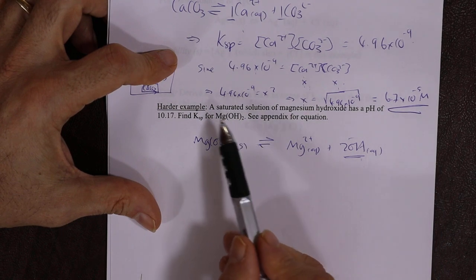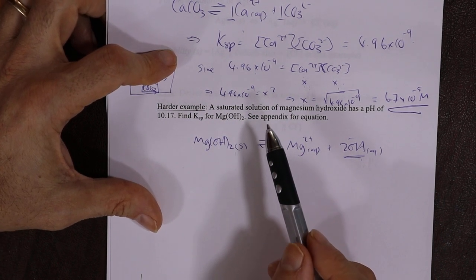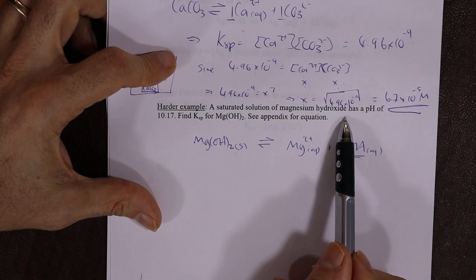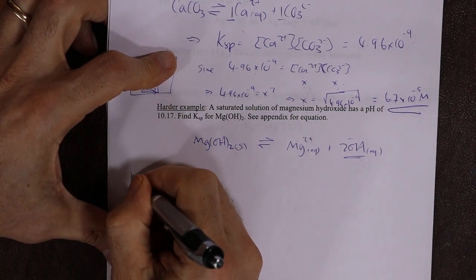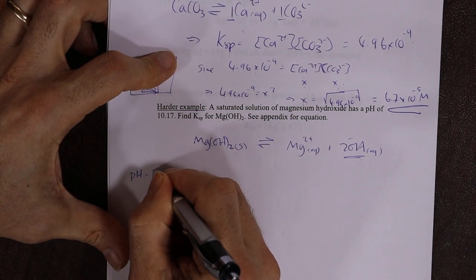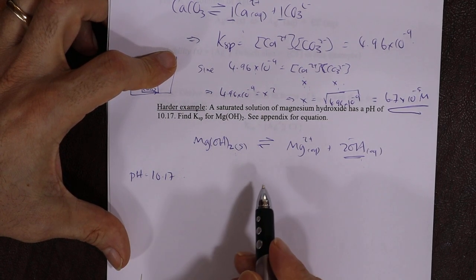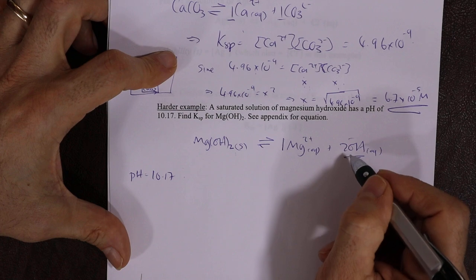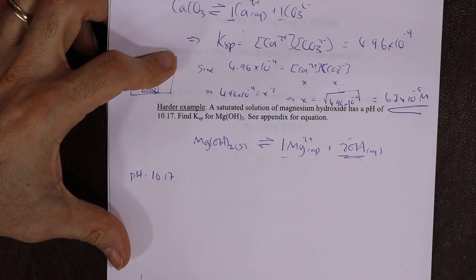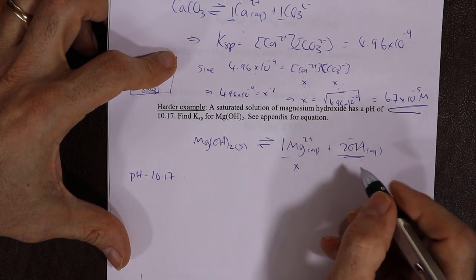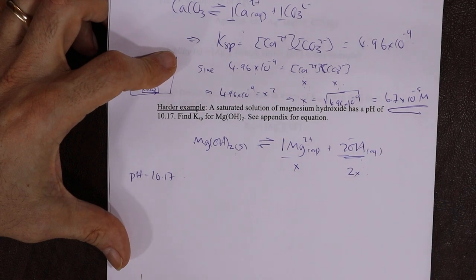So this one, a saturated solution of magnesium hydroxide has a pH of 10.17. If we think about it, we get one of these and two of these through the dissociation, right? So if that's X, that's 2X, right?